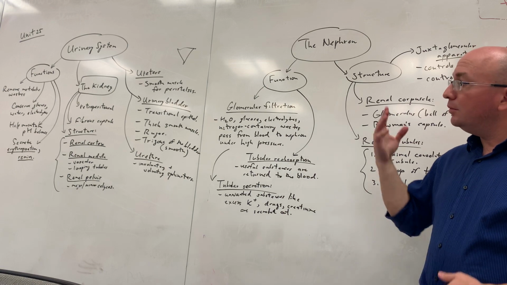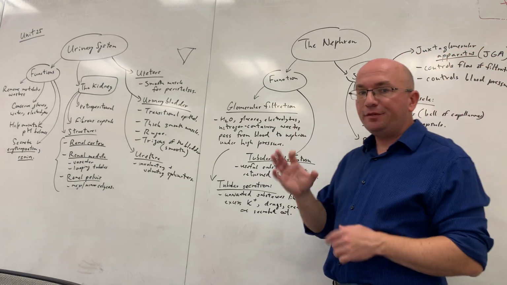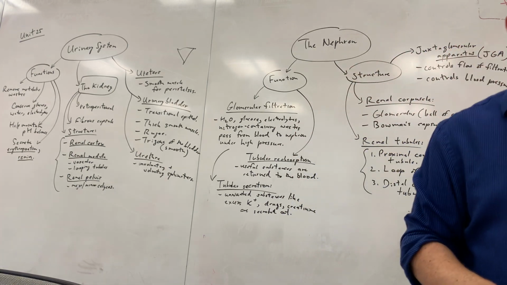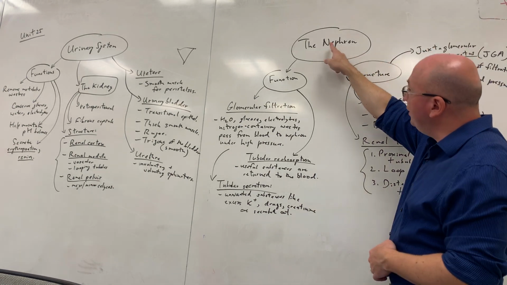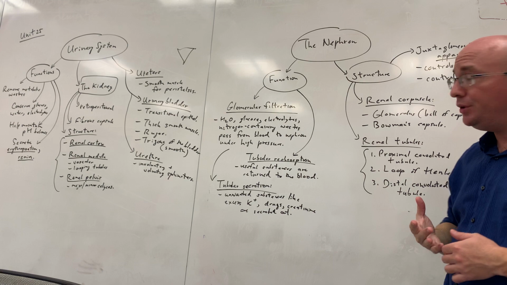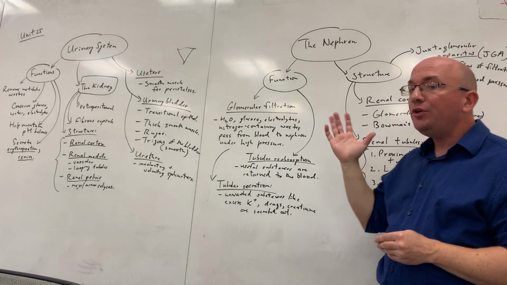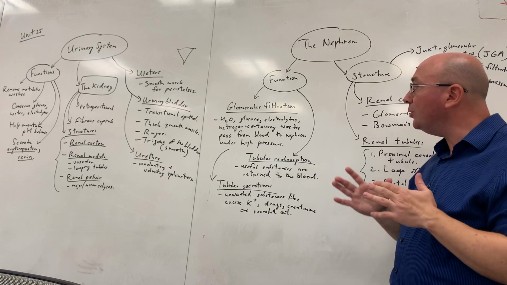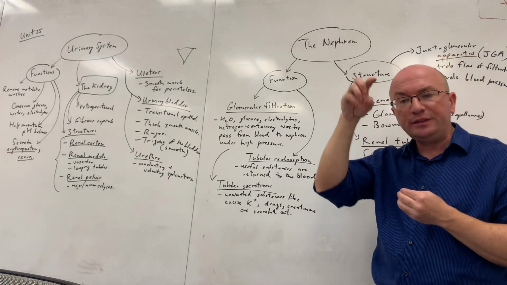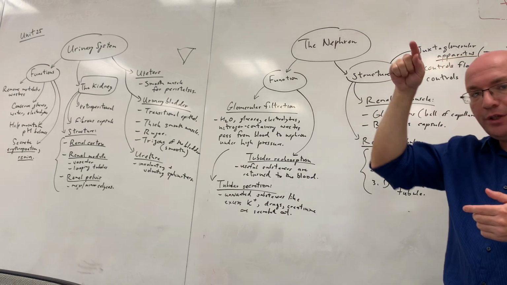Now, the most important component in the kidney is the functional unit of the kidney. This component is called the nephron, right? Remember, nephro anything refers to the kidney. So when you're looking at the nephron, make sure to see the illustrations in the textbook, in the lab manual. And you'll see a fairly complex looping structure, right?